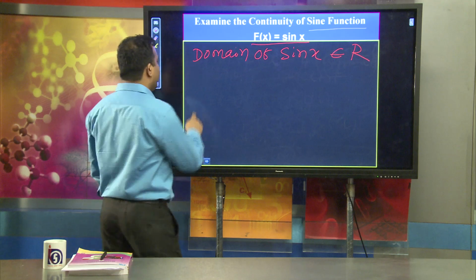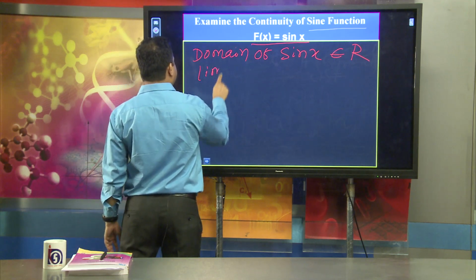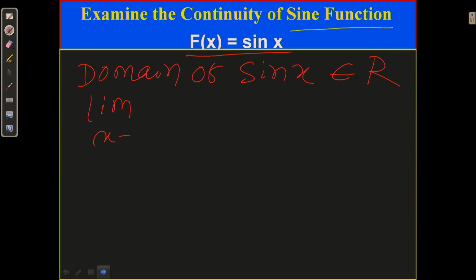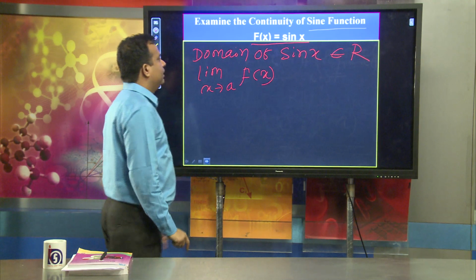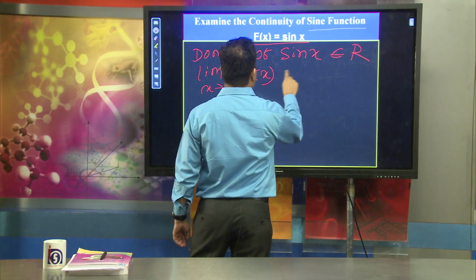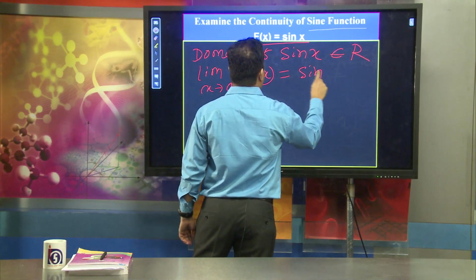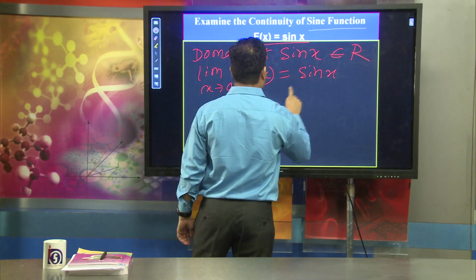So, we have to check limit x tends to a of f of x, that is sine x.